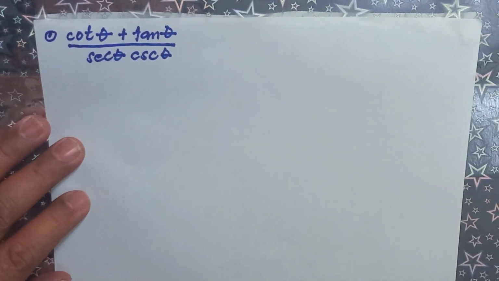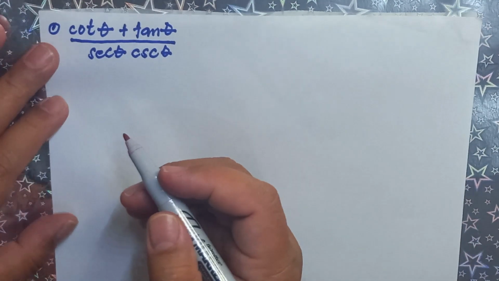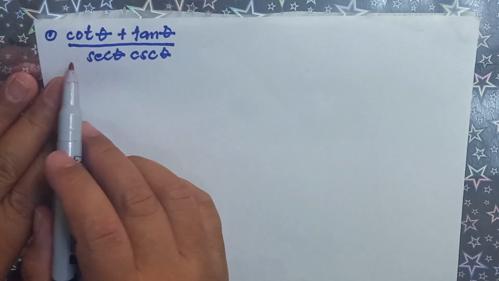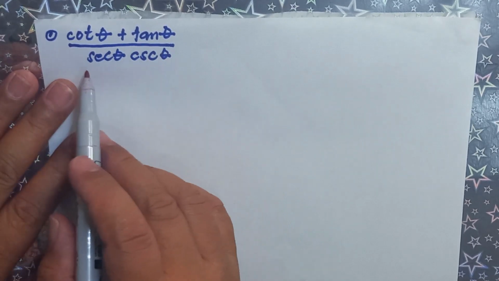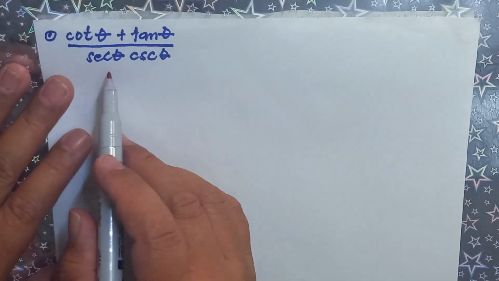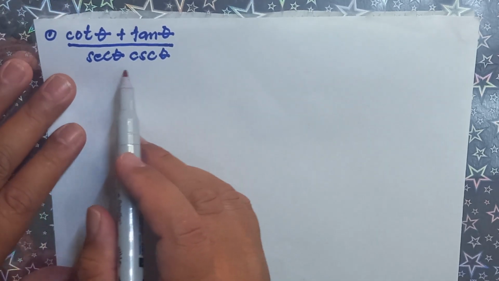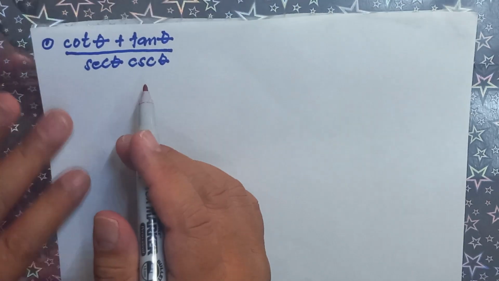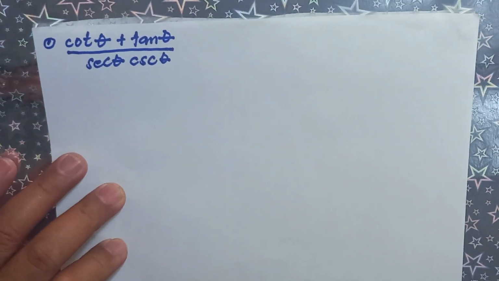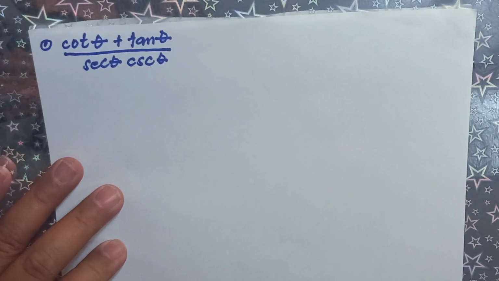Another expression that we are going to simplify, put it into its simplest form, is the quotient of cotangent theta plus tangent theta over the product, which is secant theta multiplied by cosecant theta. Now, how are we going to put this one into its simplified form?